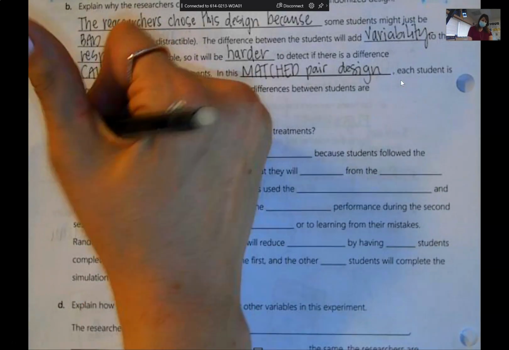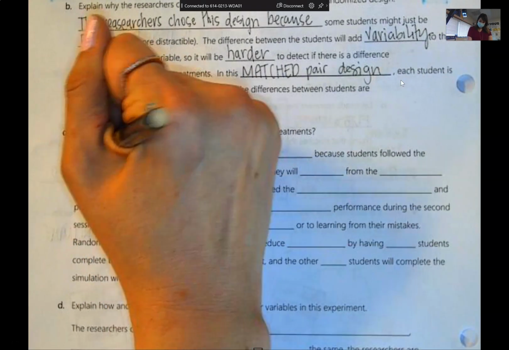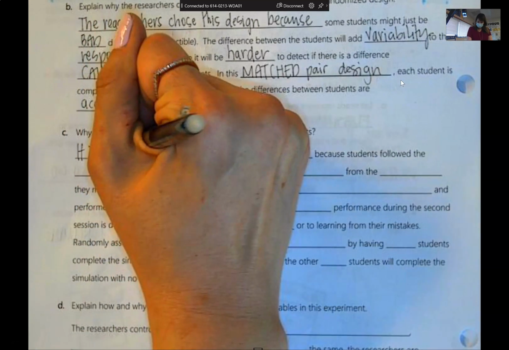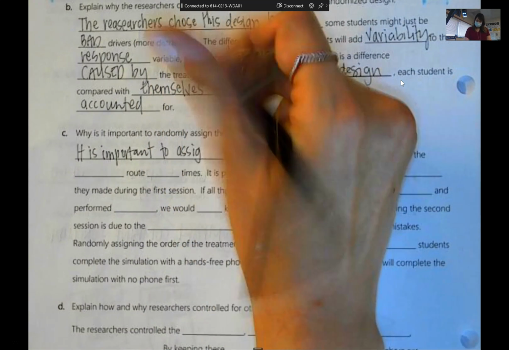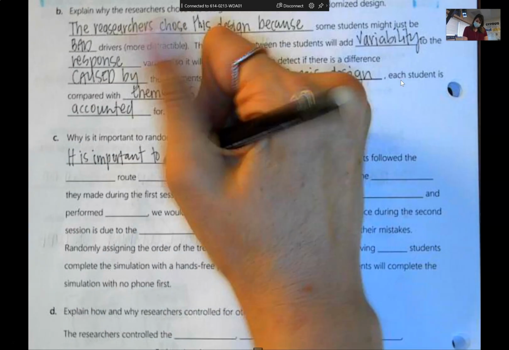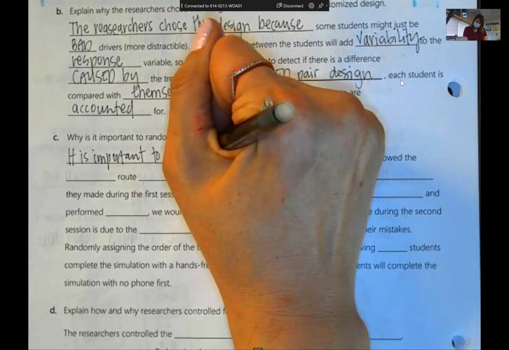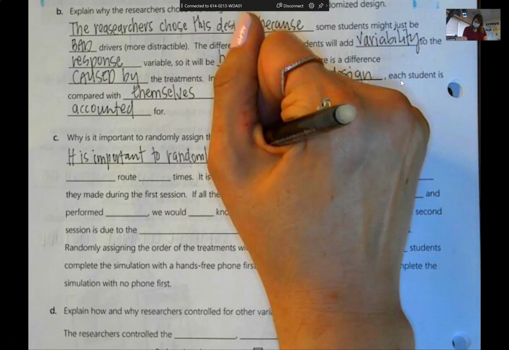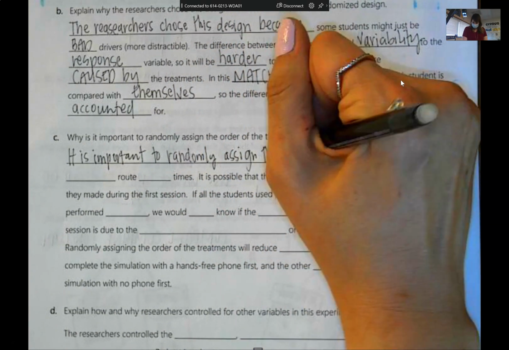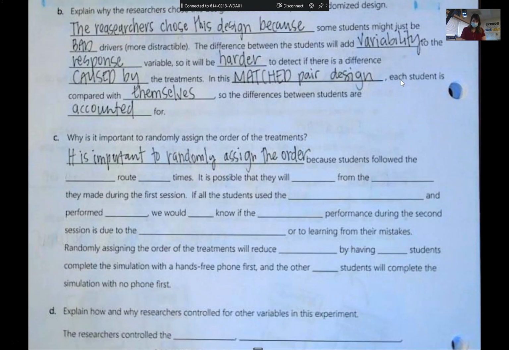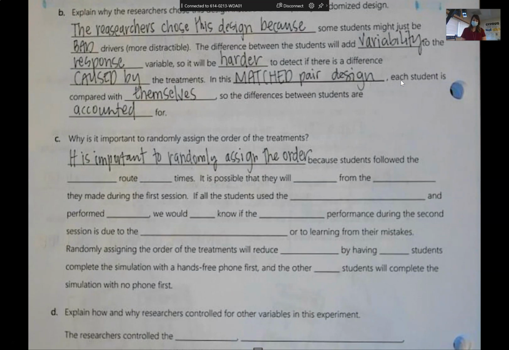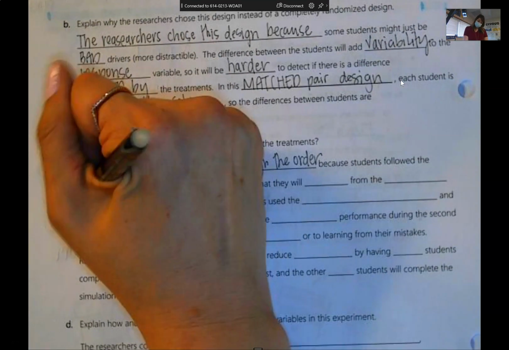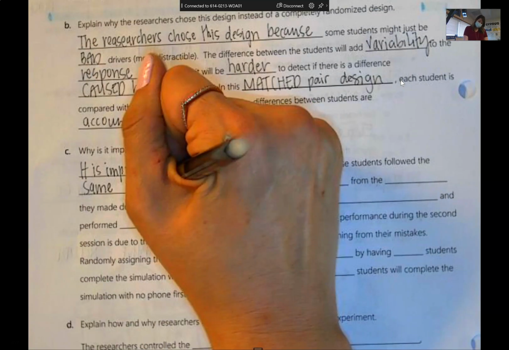So it is important to randomly assign the order because students followed the same route both times.